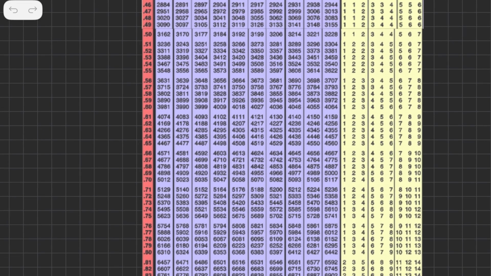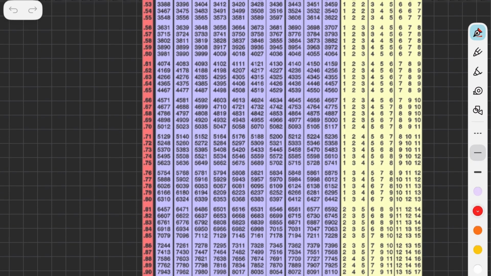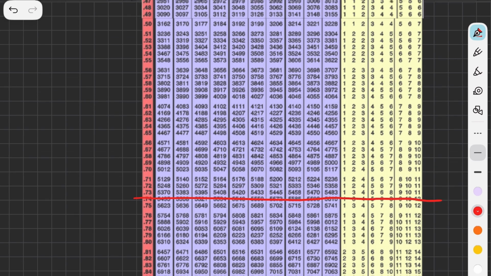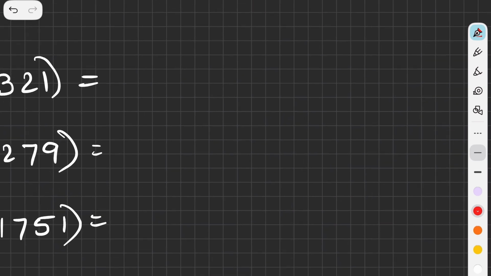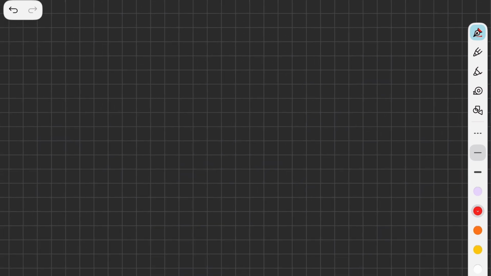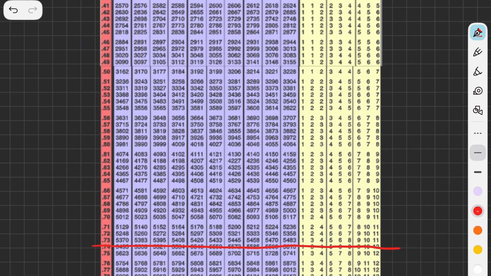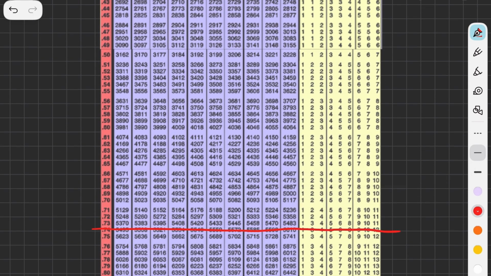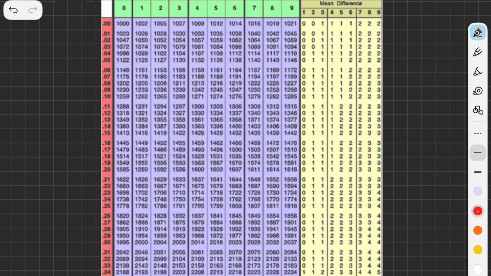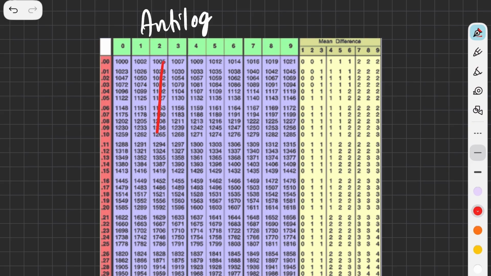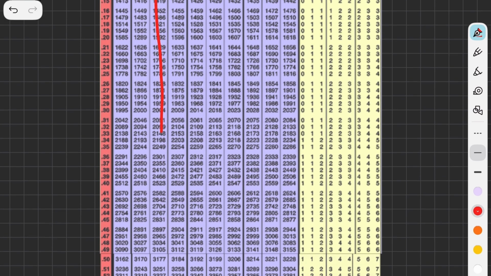So I have this table. I'll take a red color. 73 is basically this row. I'm drawing a red line. 73, and this is your second column.